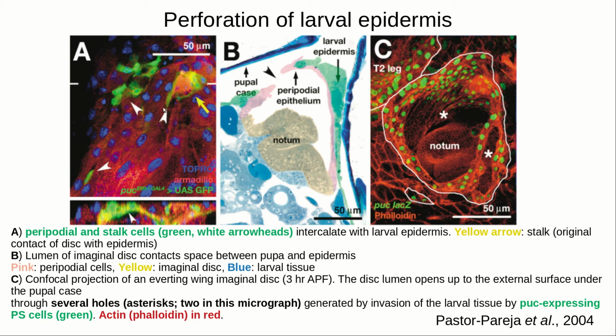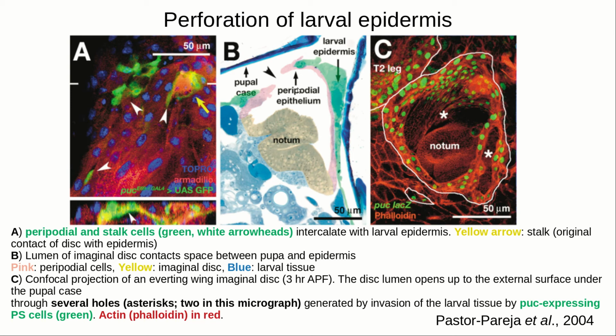So in this region of the larval epidermis, some cells from the peripodial membrane start to intercalate and to emerge, which would be these green cells. Okay, so the cells of the peripodial membrane start integrating into this larval epithelium.